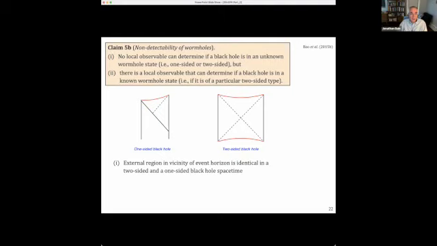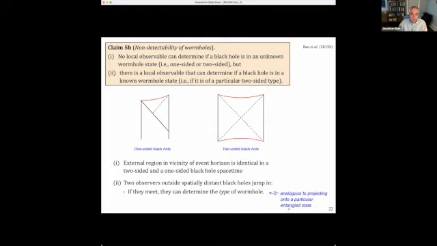With respect to the second claim, there is a local observable that can determine if a black hole is in a known wormhole state. Their idea is the following. First, here's a procedure that would allow two observers to determine if they're in a two-sided wormhole spacetime. They just jump into their respective black holes, and if they meet in the middle, that's an indication that they live in a two-sided black hole spacetime.